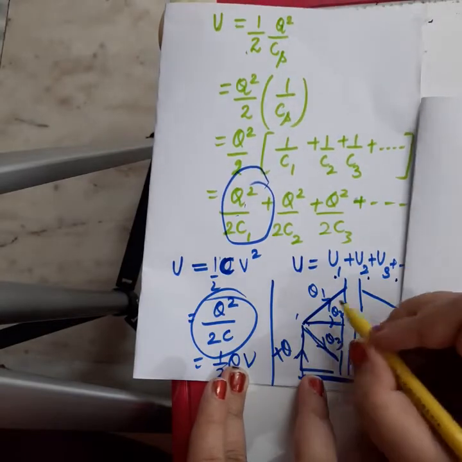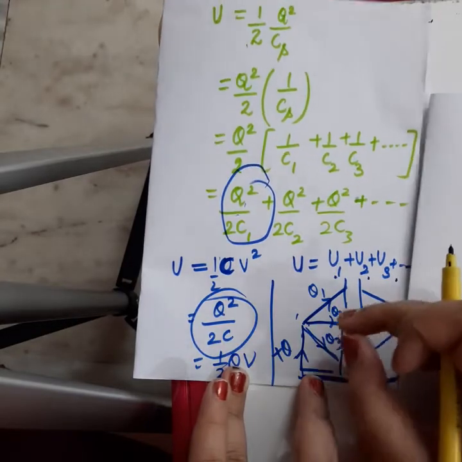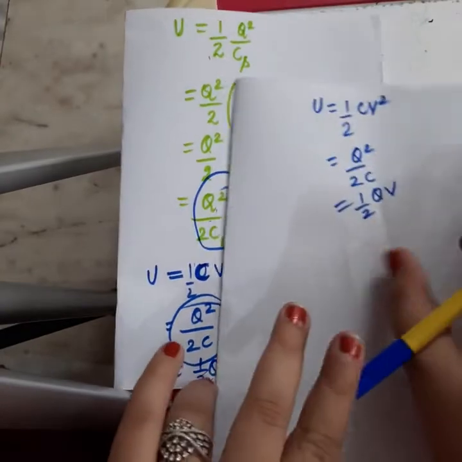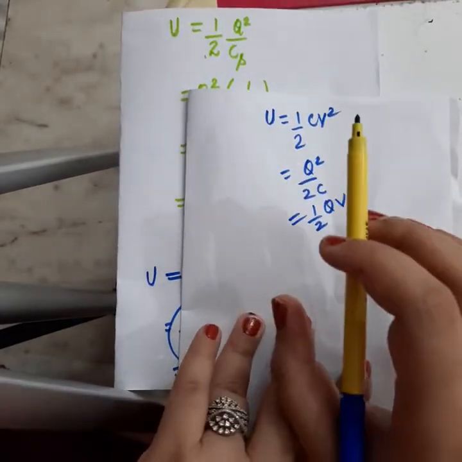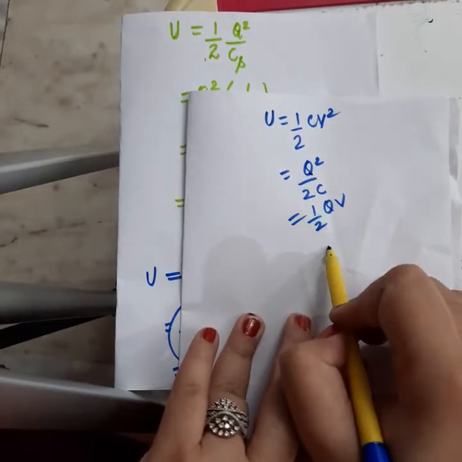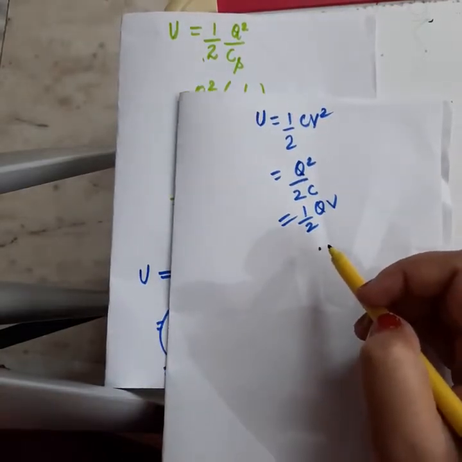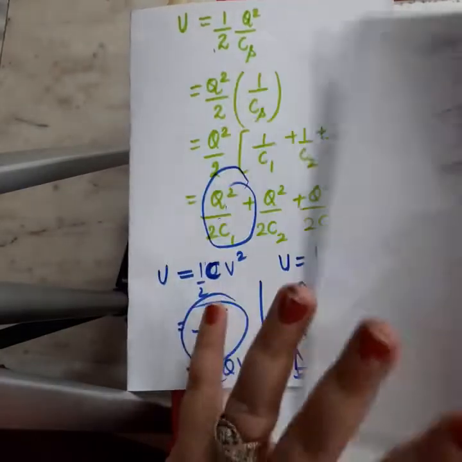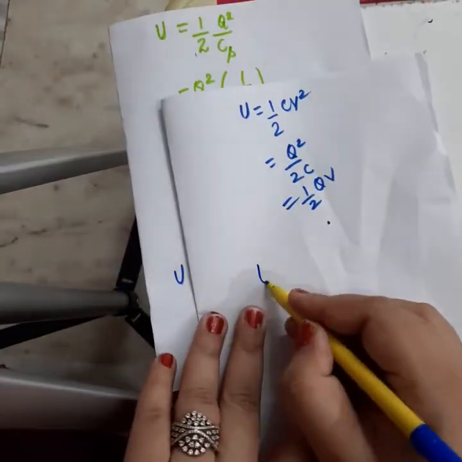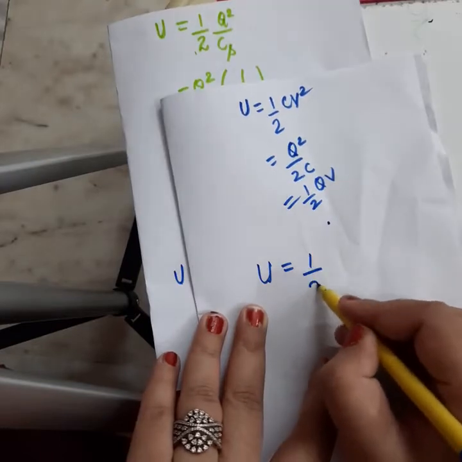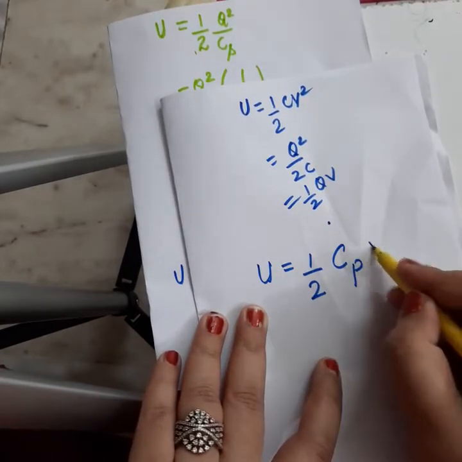Now the charge will be distributed amongst the three capacitors, so it is not something which is constant. So I cannot use the expressions which involve Q in parallel combination. So the total energy stored in this combination of capacitors will be given by U equals 1 upon 2 Cp V square.